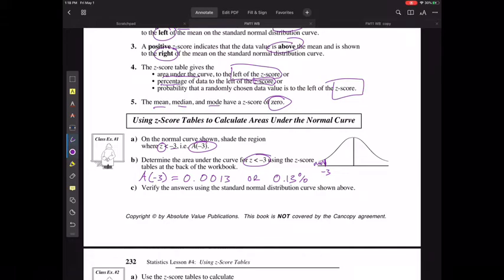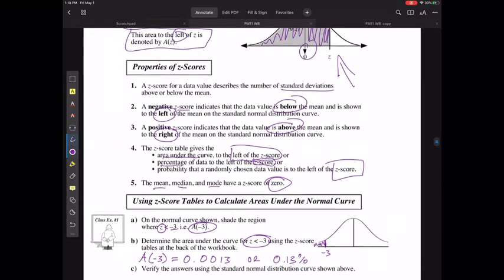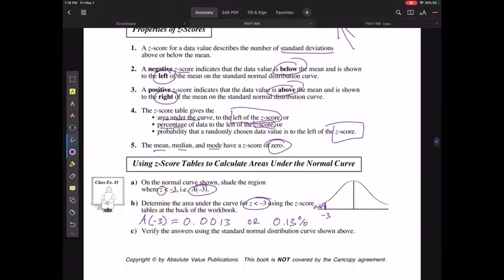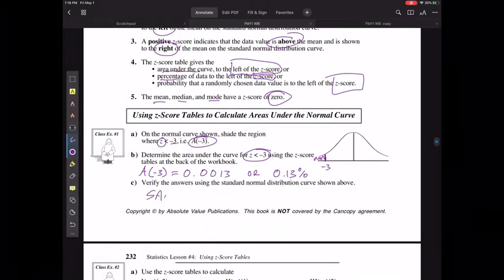If I verify that using the standard distribution curve, I'm going to look for the -3 here. It says to the left of -3 is 0.13%, or 0.0013, which is the same answer.